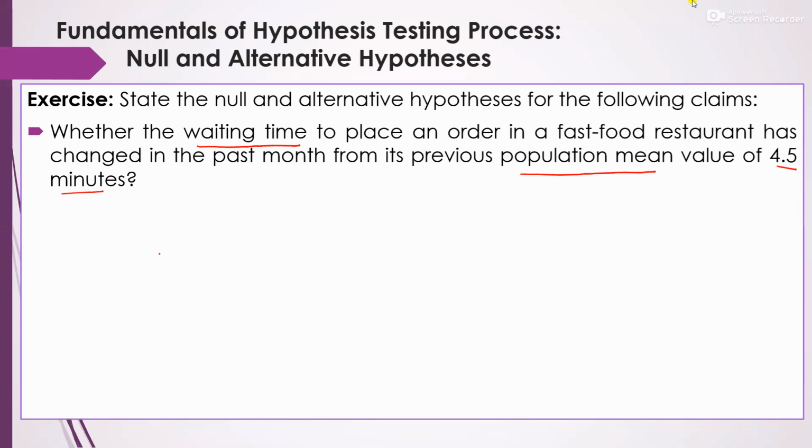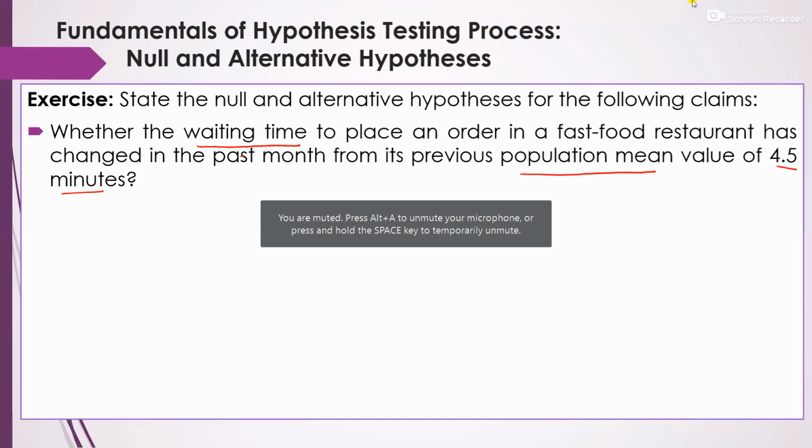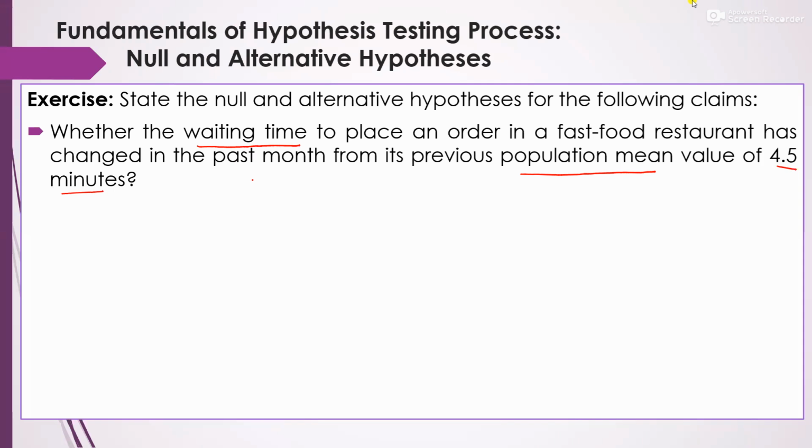So here also, first decide in this statement. Here we want to prove whether the waiting time has changed from the previous month. But in the previous month, the waiting time is 4.5 minutes for a customer.